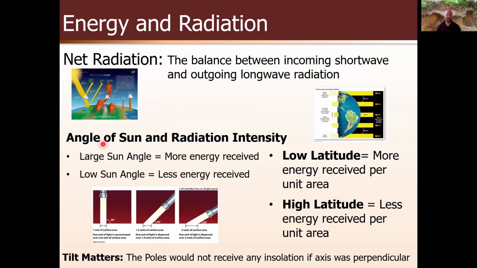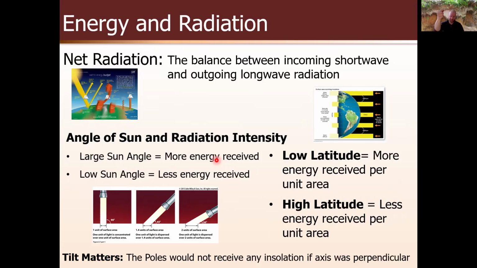Going back to some previous topics, the angle of the sun is so important in terms of radiation intensity, and I really like this figure as it simplifies this. When you have large sun angles, near 90 degrees, like shining a flashlight straight down, more energy is received. The flashlight beam is concentrated in a small circle.